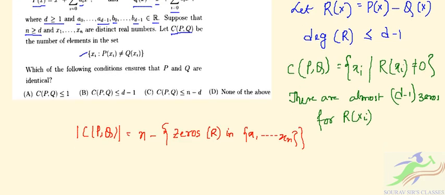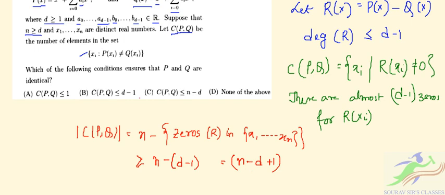So this is c(P,Q), that is the given number of elements. So obviously it will be greater than n minus (d minus 1), which is equal to n minus d plus 1.